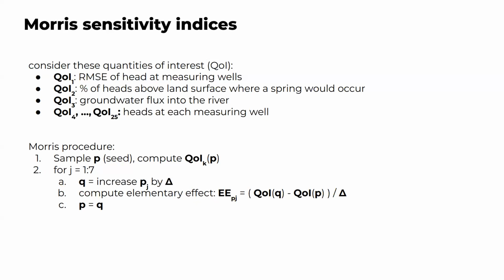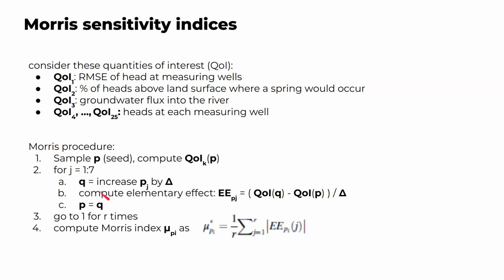So you get a sample of the partial derivatives of the quantities of interest. You repeat this procedure a bunch of times, so you get, let's say, R estimates of the partial derivatives of the quantities of interest with respect to each parameter, and then you average out everything in absolute value.